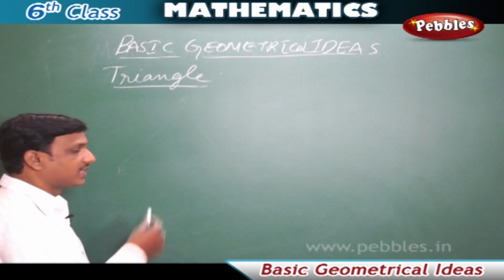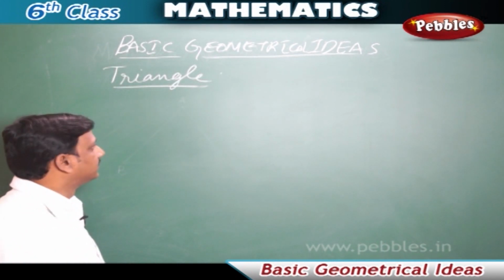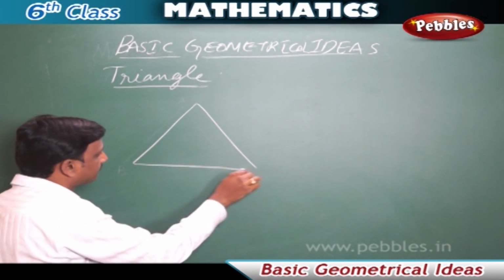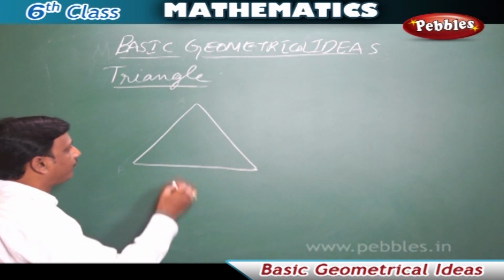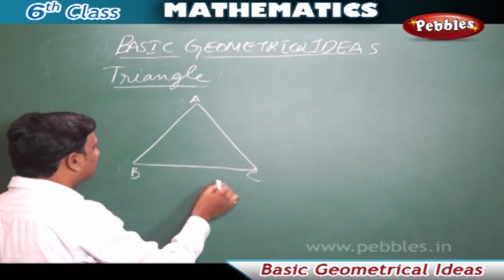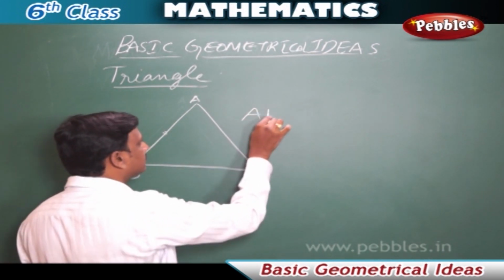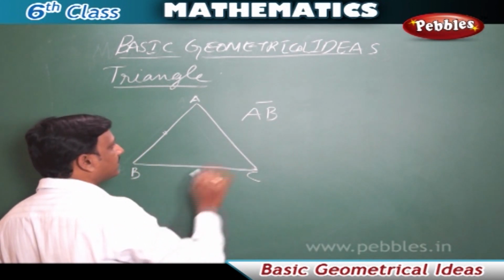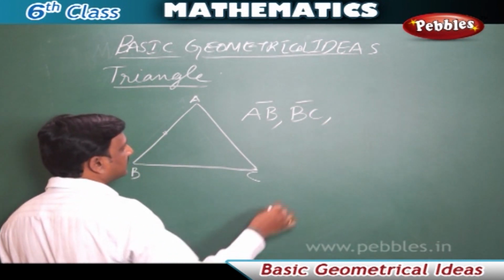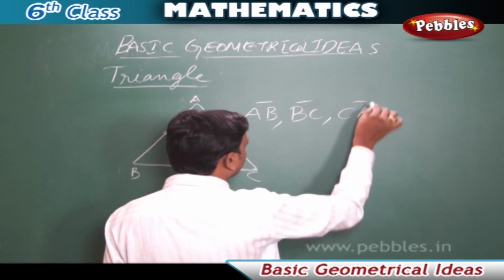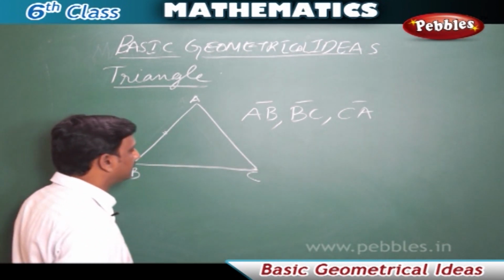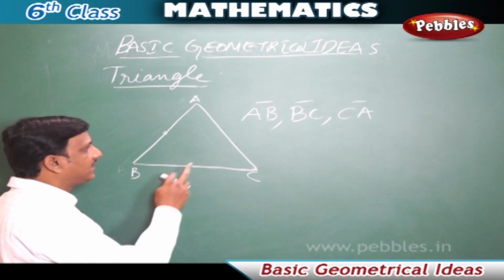Now let us see about a triangle. What is a triangle? A triangle is a simple closed figure which is made up of three line segments A, B, C. So this is one line segment AB, and segment BC, and segment CA. So three line segments made this triangle. So this is a closed figure made up of three line segments.